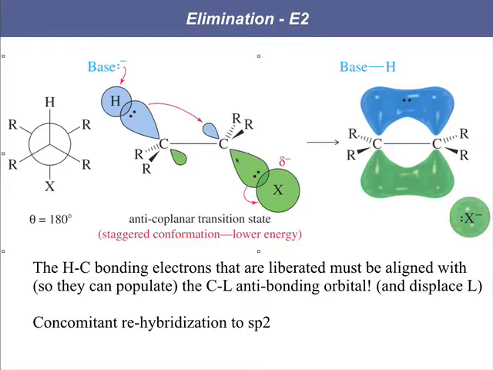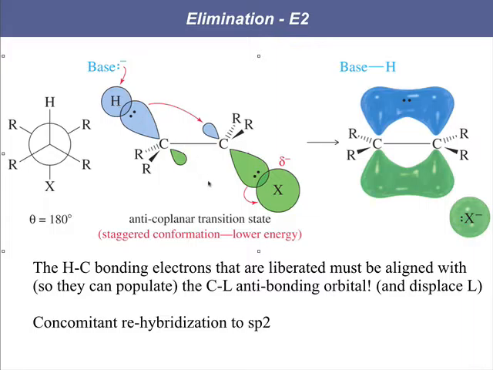Here's our carbon leaving group bond, and here's the anti-bonding orbital that corresponds to that bond. Here's our carbon-hydrogen bond, and here's the base that's going to grab that hydrogen.